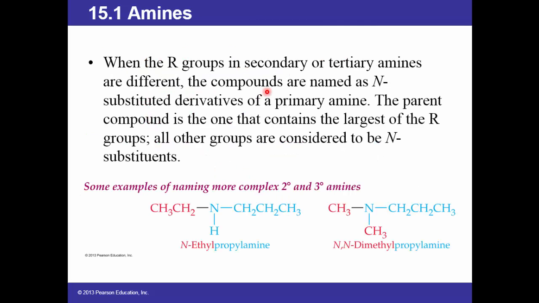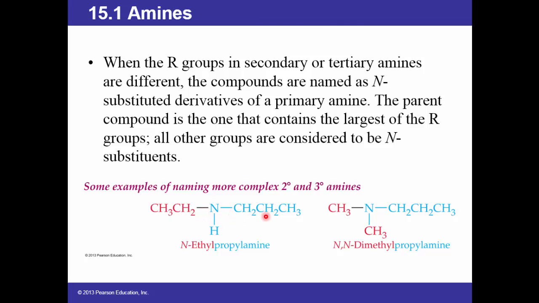When the R groups in secondary or tertiary amines are different, the compounds are named as N-substituted derivatives of a primary amine. The parent compound is the one that contains the largest of the R groups. All other groups are considered to be N-substituents. Some examples of naming more complex secondary and tertiary amines are here. How many substituents do we have?